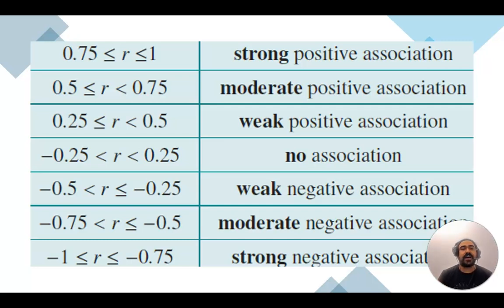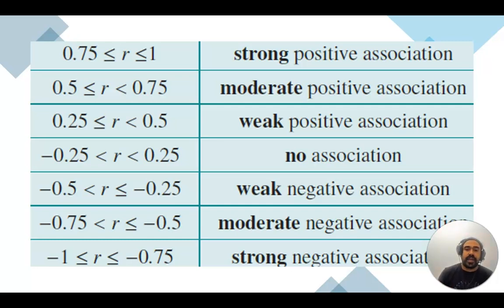And these are used as a guide to determine if there's an association between one variable and another when you create a scatter plot. So we've gone through this with our calculators and how to determine the R value if given data points for 2 different variables.